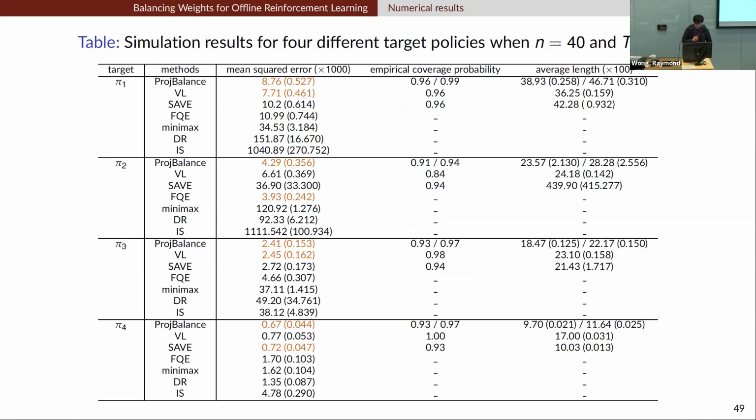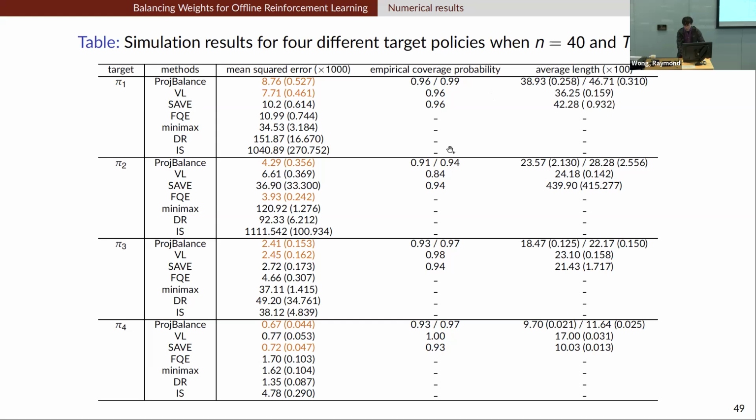Here are the results. Our method is usually among the best two in terms of MSE. With the asymptotic normality, we are also able to create a confidence interval. There are three methods which have confidence intervals: our method, relearning, and also the SAFE estimator.